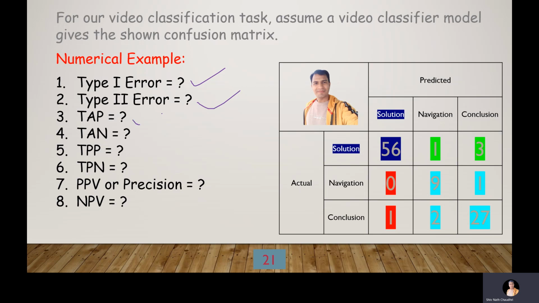TAP is calculated as TP plus FN. TAN is calculated as FP plus TN. TPP is calculated as TP plus FP. And TPN is calculated as FN plus TN. PPV or precision is calculated as TP upon TP plus FP, and NPV is calculated as TN upon TN plus FN.